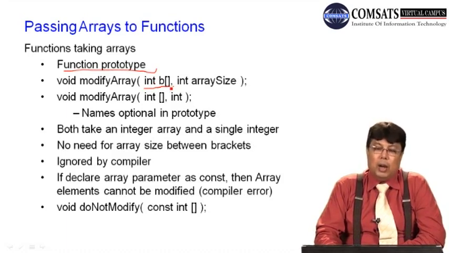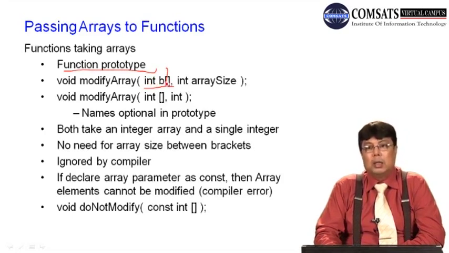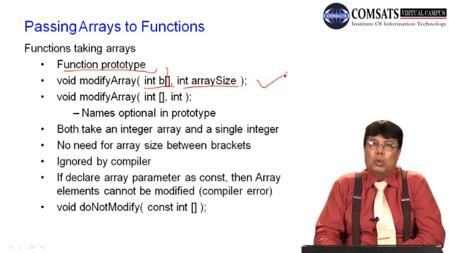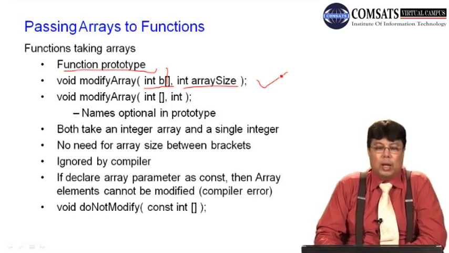For an array we are not supposed to provide the size here, we just provide the address of the array. This is the prototype declaration: int b[], then the next one is the integer size. So this is the prototype of a function that is supposed to receive an array, and it can modify it.